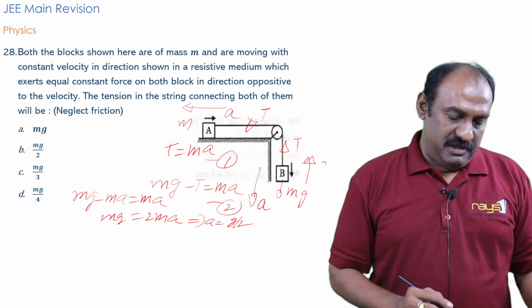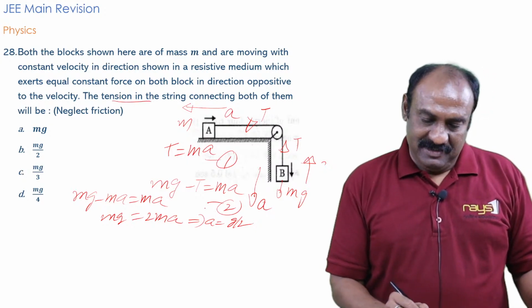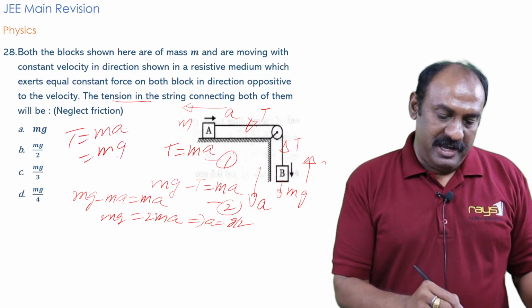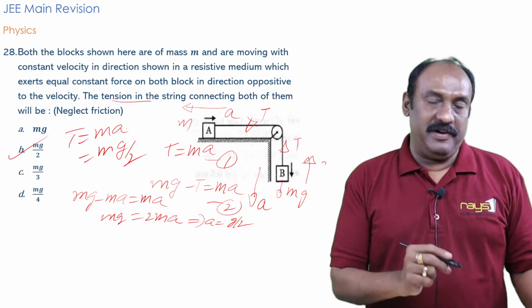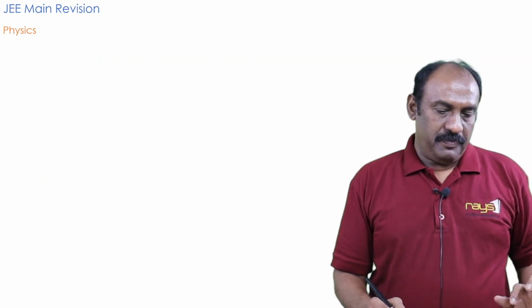So, for question number 28, the answer is g by 2. Then the tension in the string is T equal to m into a. Therefore, instead of a, I write g by 2. So, the tension in the string is mg by 2, which is the answer for question number 28.